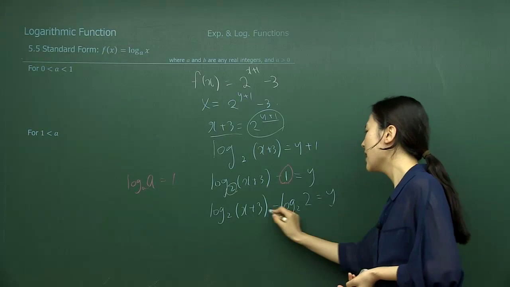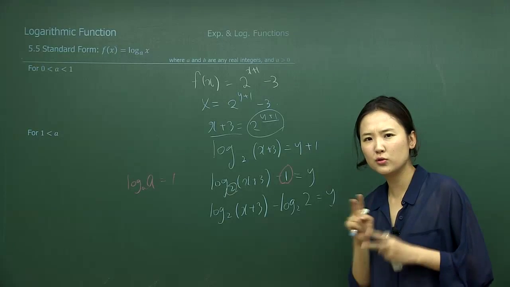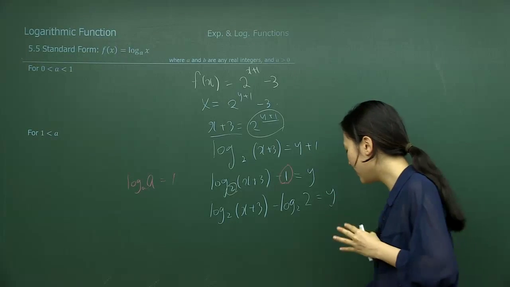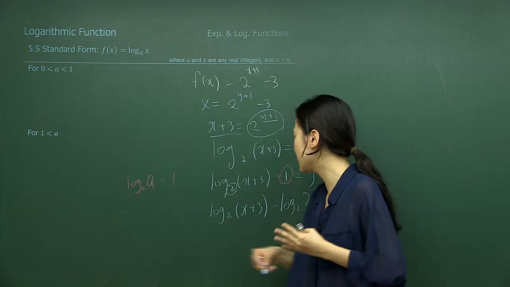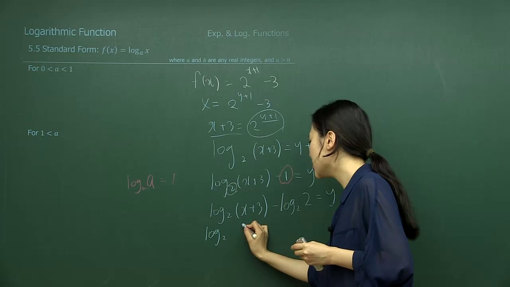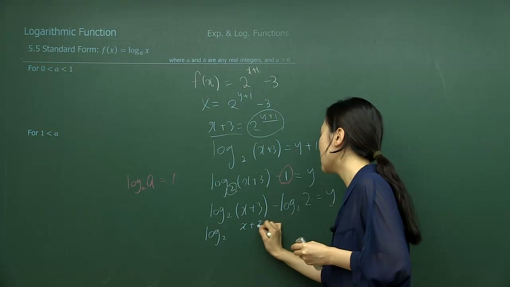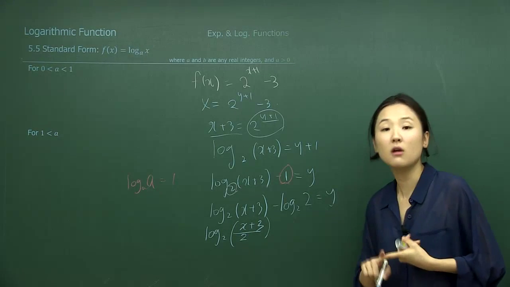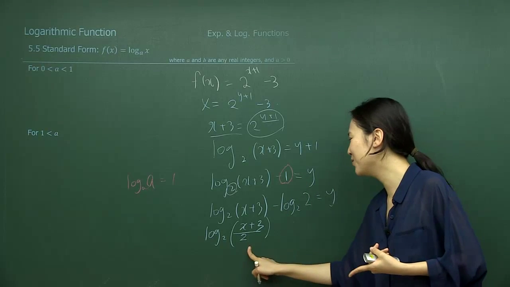And since, hey, remember the two same-base logs subtracting meant what? Remember that part? The second property that we wrote down before? Having a subtraction between two logs of the same base basically meant having a quotient inside of a single log. This can turn into that.